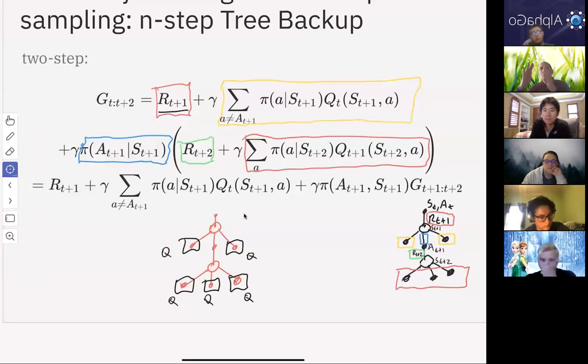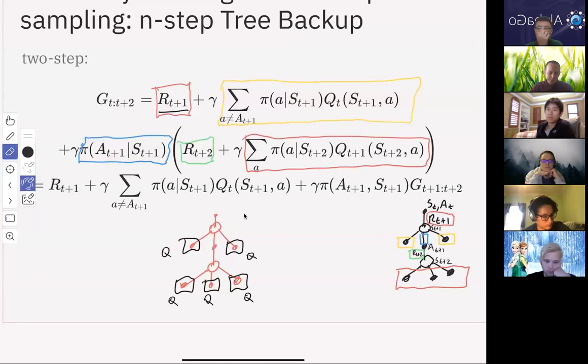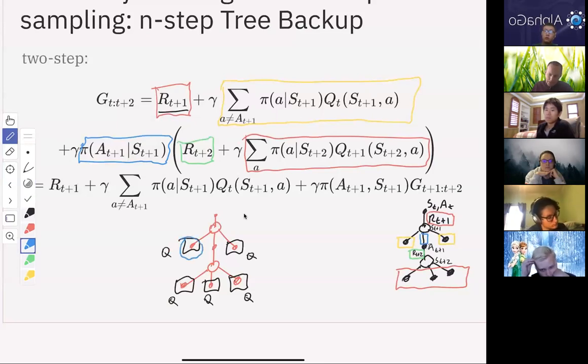Well, we weight them by the probability of actually getting to any one of those leaves. We need a discount factor as well. Depending on what level it's at, we're going to have a discount factor associated with it, and then we're also going to have the probability of getting there. If we look at the probability of this guy, it's just the probability of having taken that branch.